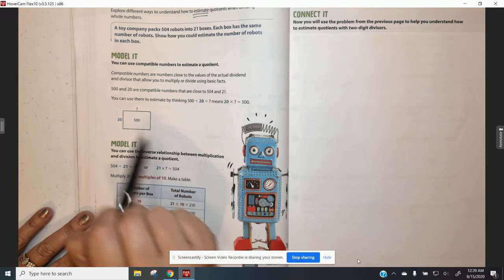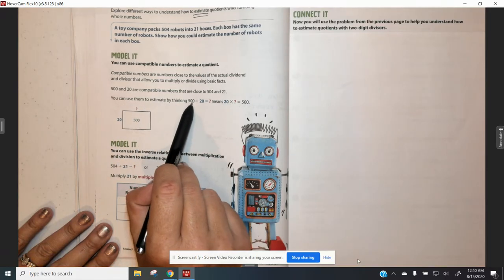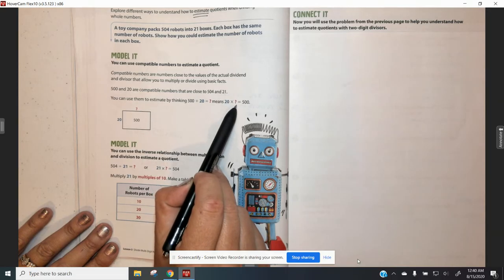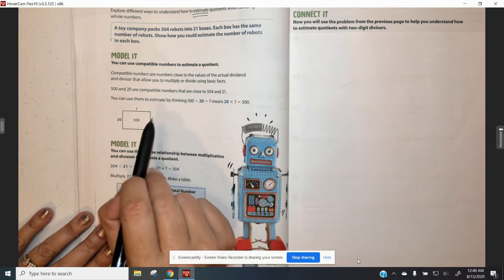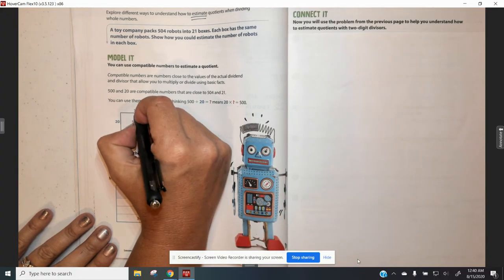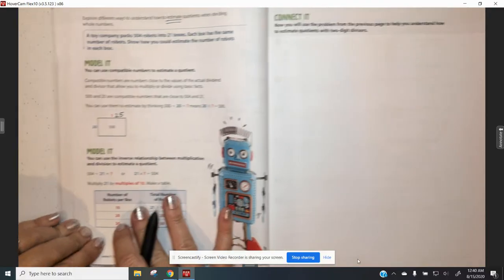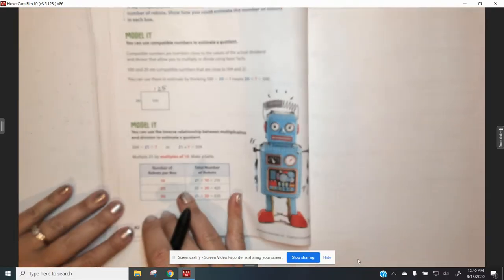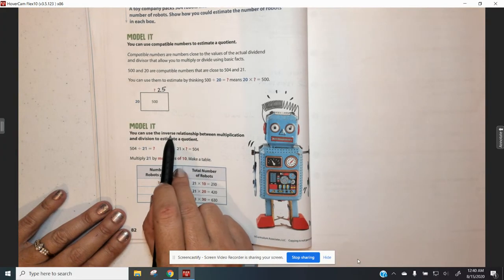That's similar to what I did on the other page. You can use them to estimate by thinking 500 divided by 20 means 20 times what equals 500. We know, because we just did it, that 20 times 25 equals 500, because we just solved that on the last page. You can also use the inverse relationship. That means the opposite.